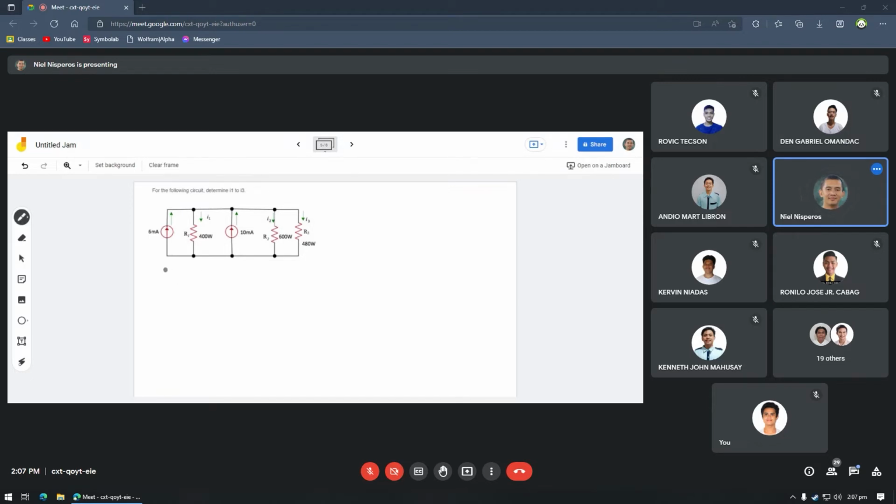So first, solve for RT. By the way, class, don't be confused with the units: the symbol shown is ohms. This is resistance, ohms. That was a clerical error.